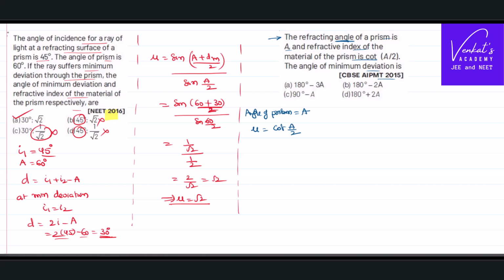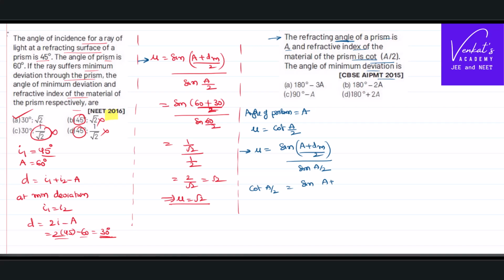Then the angle of minimum deviation is how much? The formula is the same as used here for the refractive index of a prism under the minimum deviation condition: sin of (A plus d minimum) by 2, divided by sin of A by 2. But mu is given as cot A by 2.